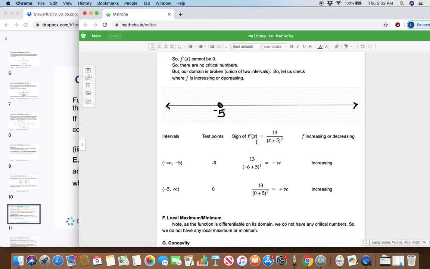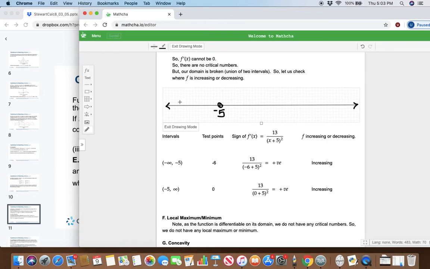Plug this in the derivative. So negative 6 when I plug in, I get this. Denominator squared is positive, 13 is positive, so overall I have positive. That means over here my function is increasing. So let me write that down.